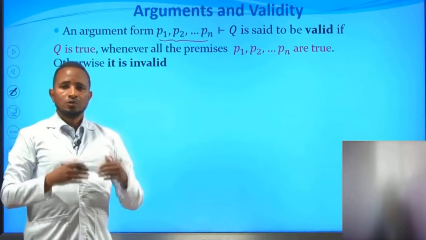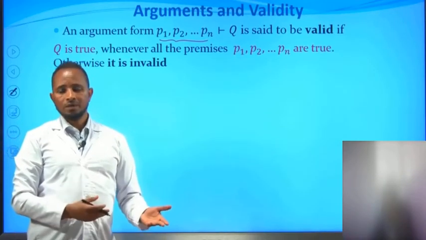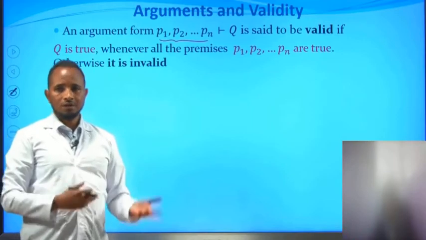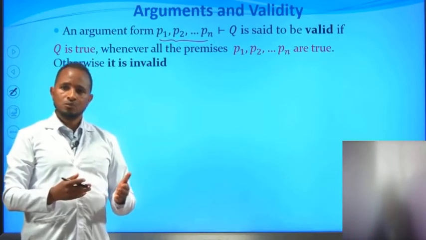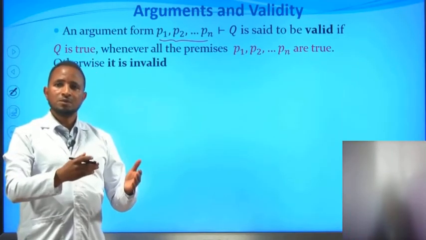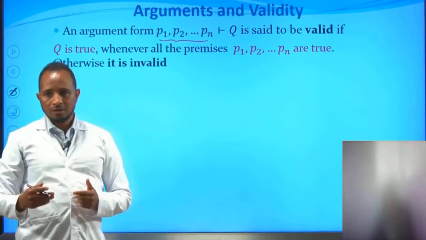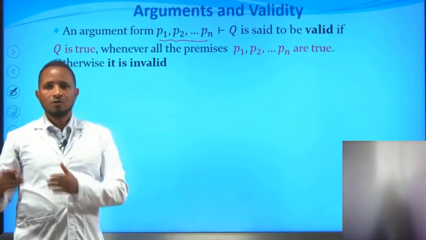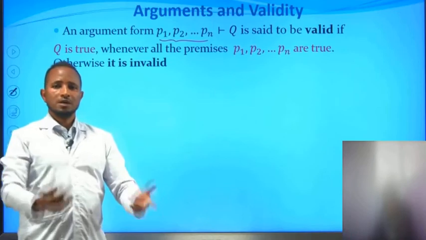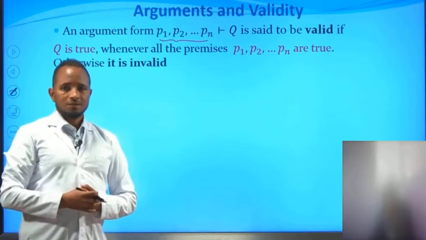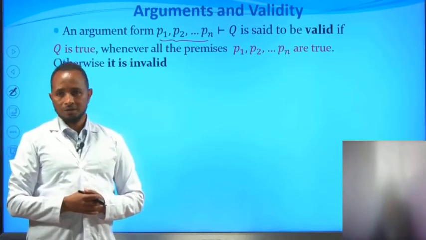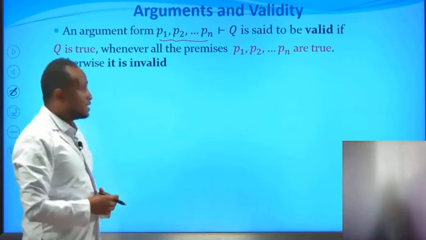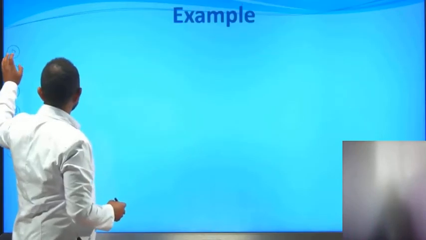So, to test whether a given argument is valid or invalid, first you assume all the premises to be true. And then, if you arrive at a conclusion that is true, in that case the argument becomes valid. Otherwise, it is invalid.